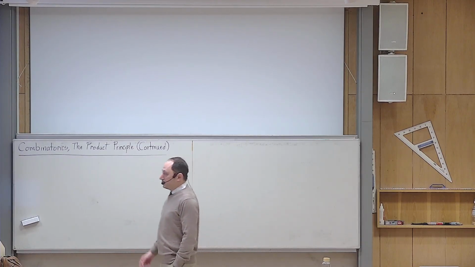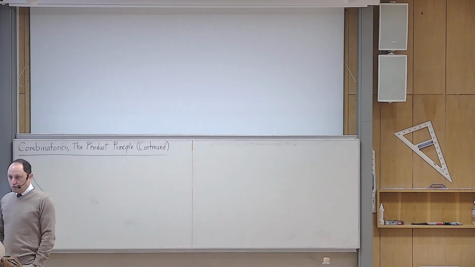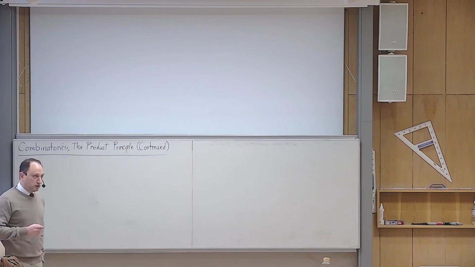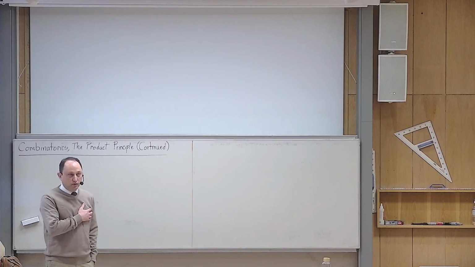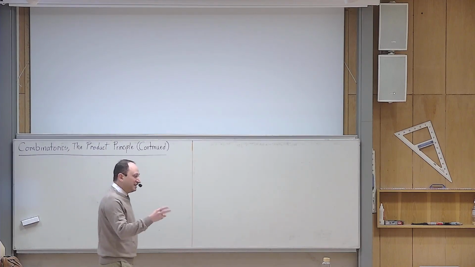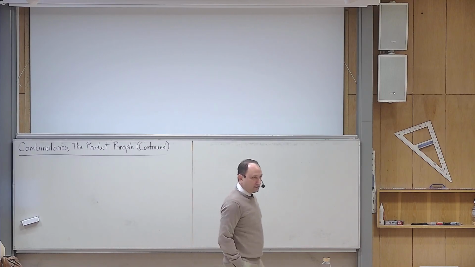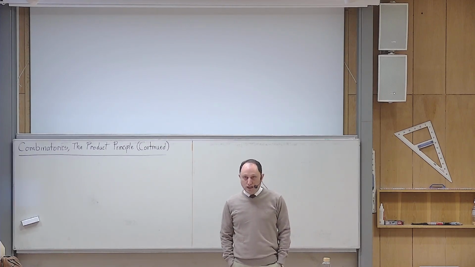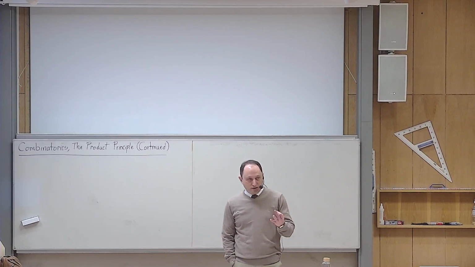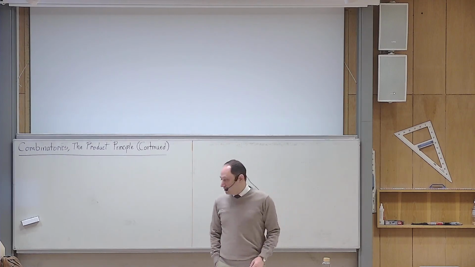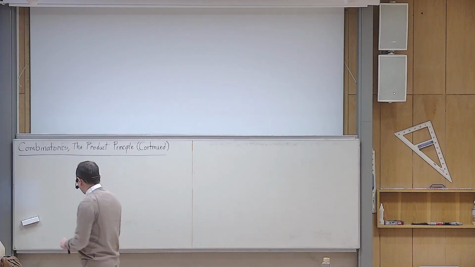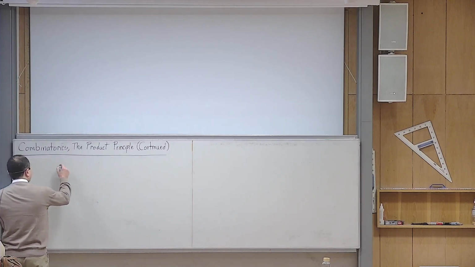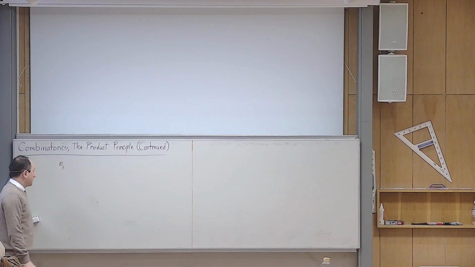So now we want to generalize it for more than 2 stages. Assume that you have a task, let me just tell it for 3, and then you can generalize it for more yourself. You have a task that can be accomplished in 3 stages now, rather than 2. And then the first stage can be done in n1 ways.